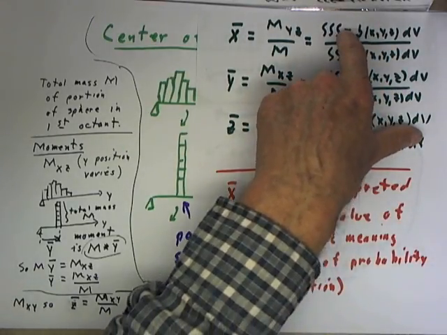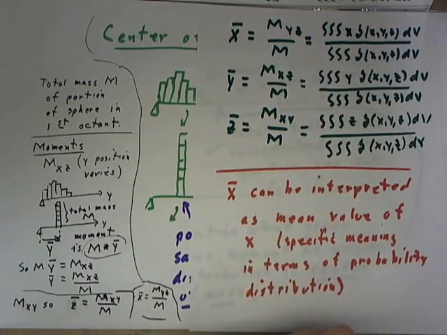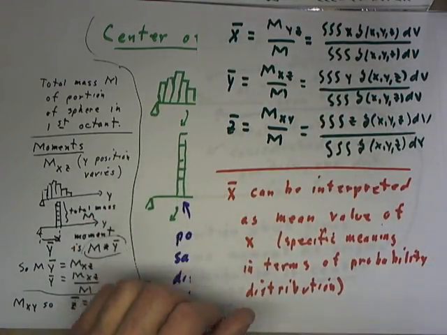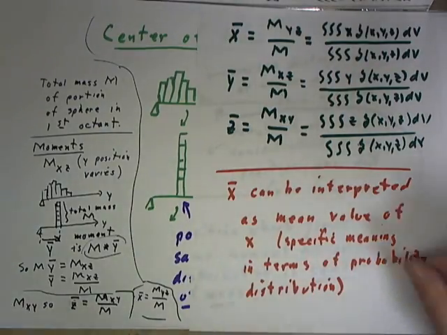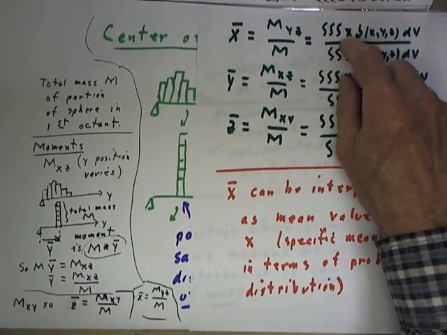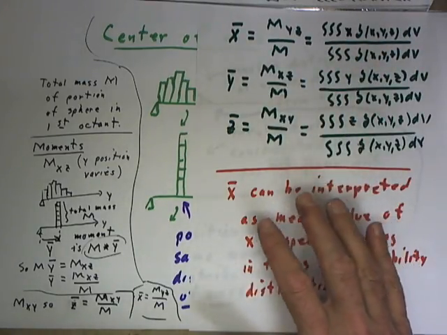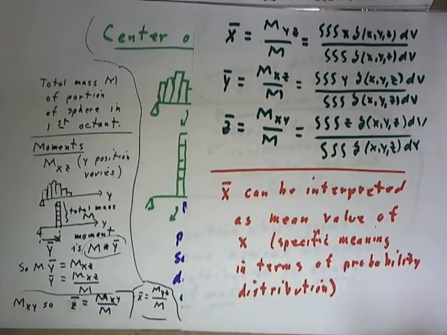In any case, if we did x squared, that would give us a different quantity, which we identify with another term that you're possibly familiar with, and that would be the standard deviation. The third moment would be an integral of x cubed, and that also has important meanings, especially in probability theory and also in mechanics and physics.